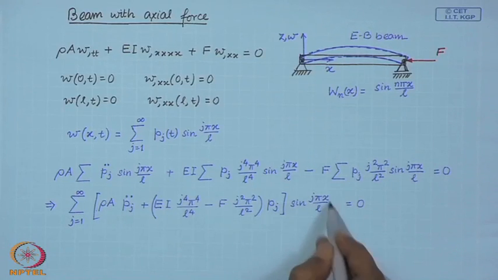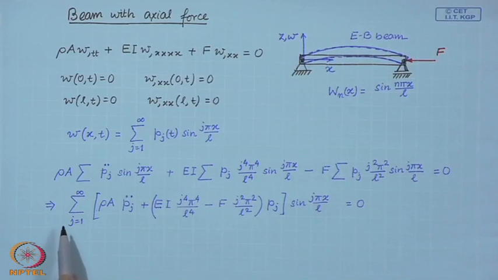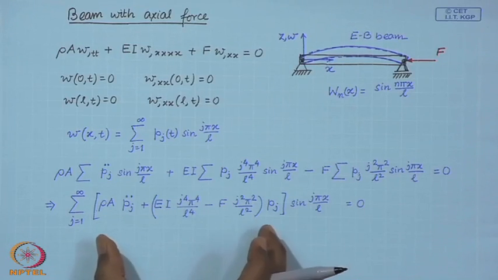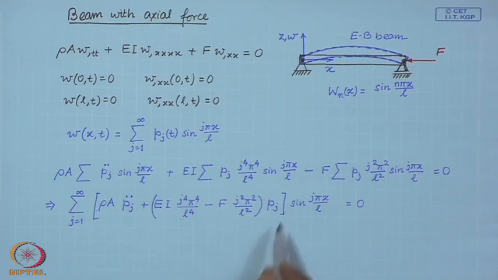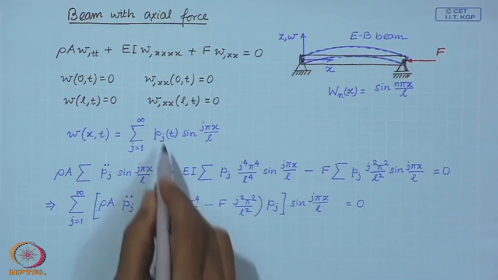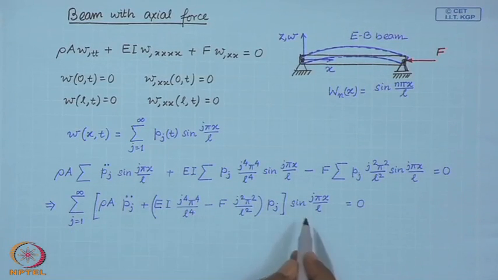Now, because of the orthogonality of the eigenfunctions, we can use the orthogonality property to determine the dynamics of the modal coordinates p j. So, we multiply this, for example, with sin k pi x over L and integrate over the domain of the beam.